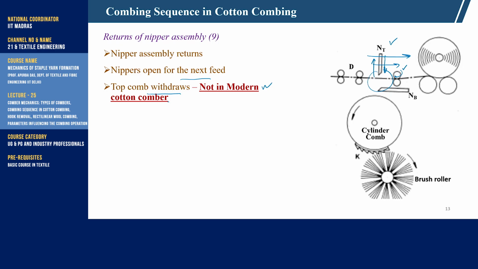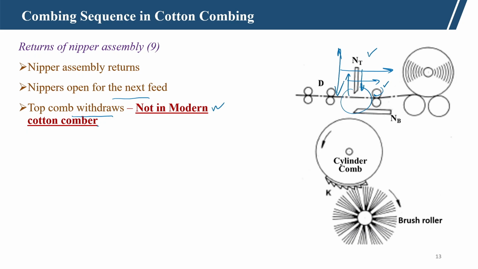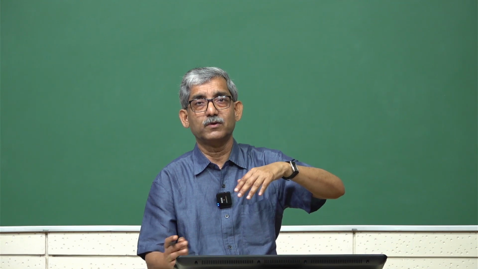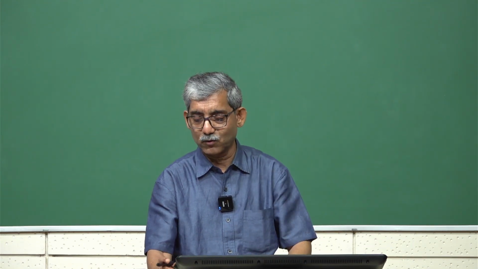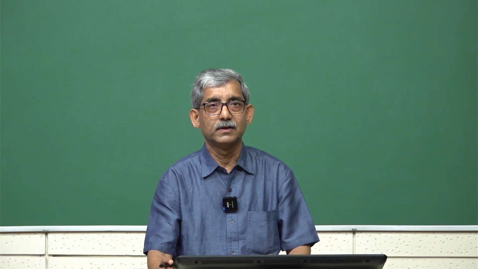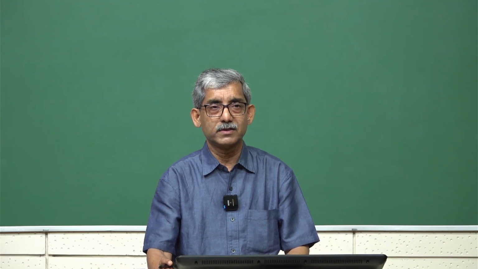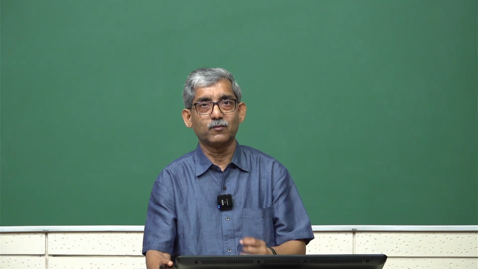That is not available in a modern high speed comber, as I have discussed, and this up and down movement is available for wool combing, because the thickness of the sheet is very high. So, proper penetration is required, and now it is ready for the next cycle of combing.